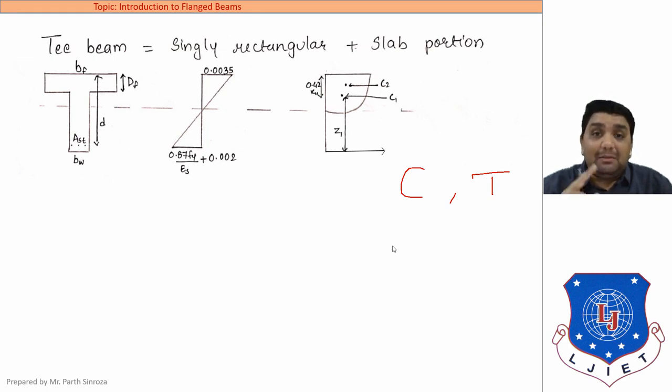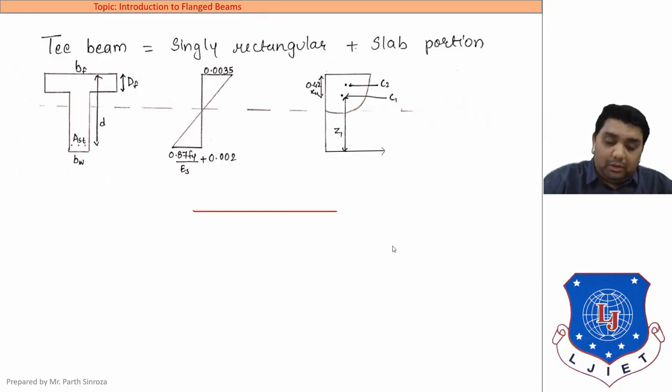The change will be in C2. C2 is the compressive force due to concrete on the slab, and for that we need to see the area that is being incorporated. If we look at this figure, this was the section that we have taken. This was our section 1, and these portions were our section 2 that we have discussed.